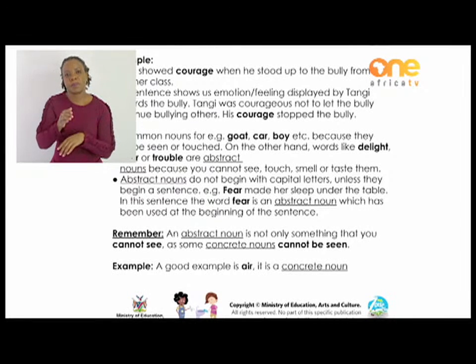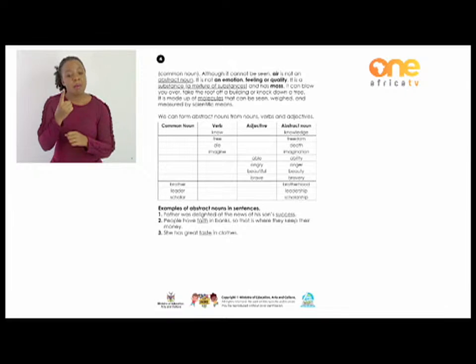The example is air. It is a concrete noun, a common noun. Although it cannot be seen, it is not an abstract noun. It is not an emotion or a quality.